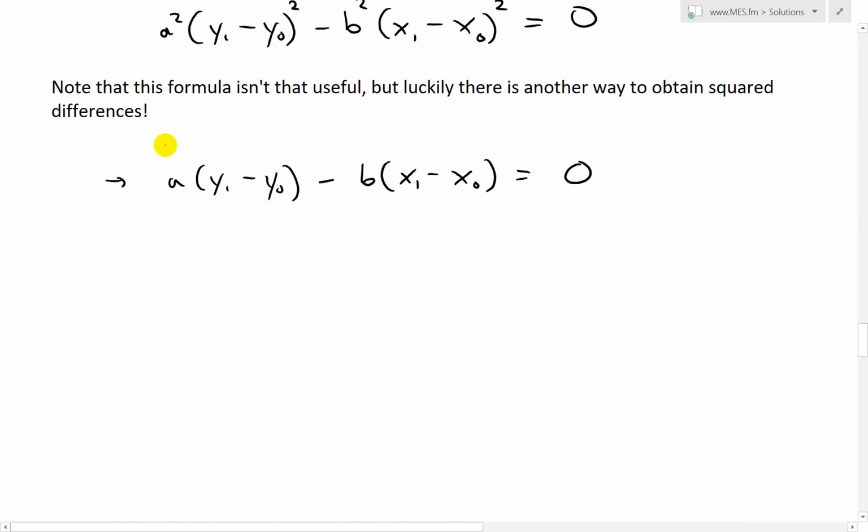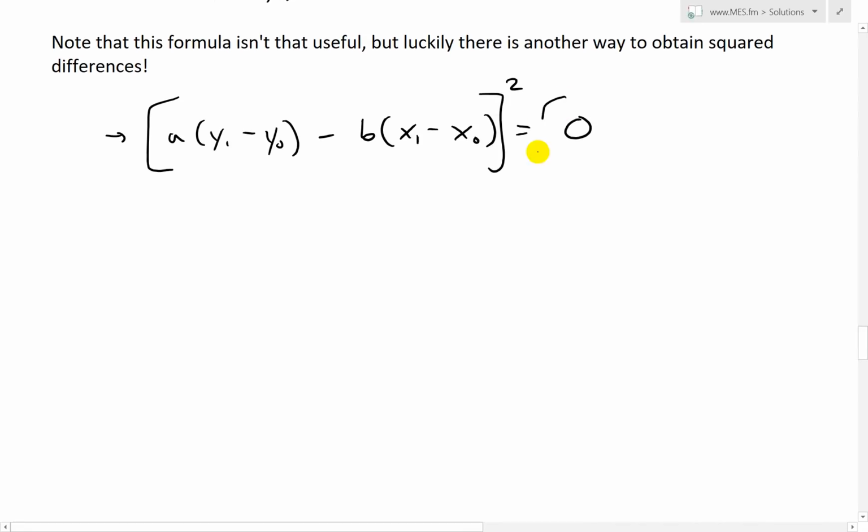And now, instead of doing the other way, we can just square this. When you square the other side, 0 squared is just 0, so it equals 0. Now if we square this out, expanding it using the FOIL method, we have a times (y1 minus y0), squared, so a squared (y1 minus y0) squared.